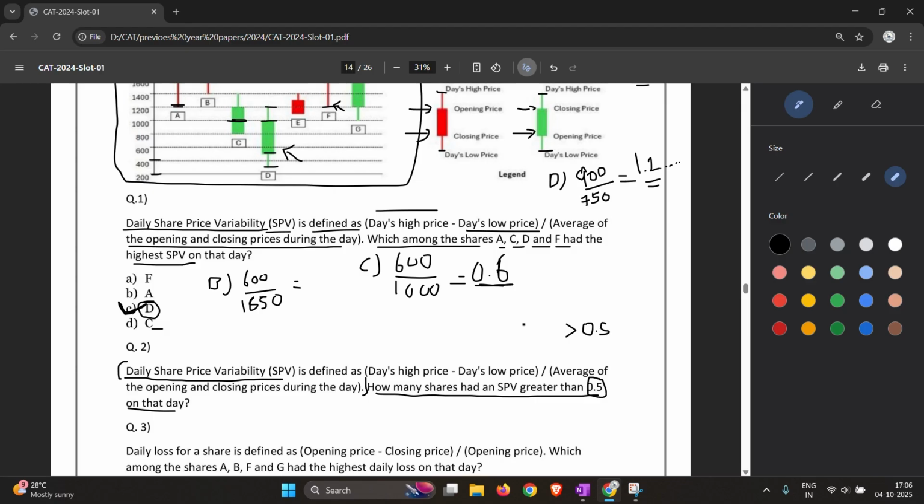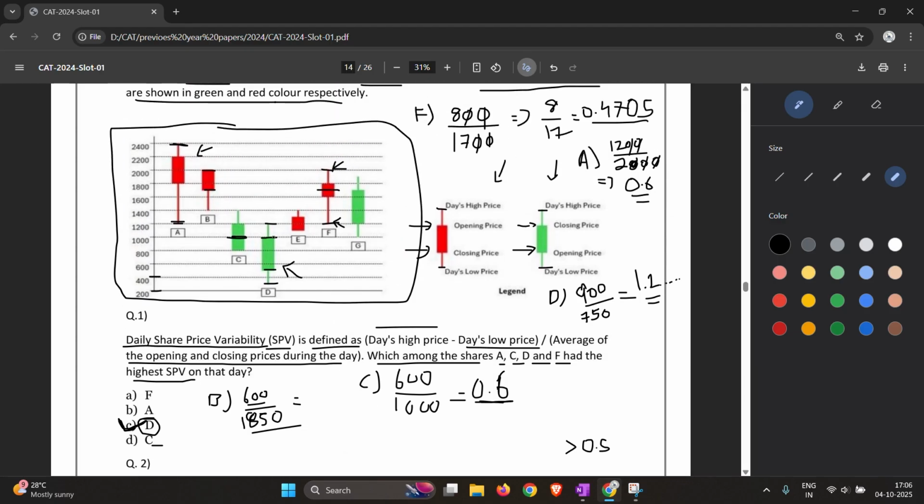So to save time, since we do not need the exact SPV, we can already see that this is not greater than 0.5. Why? Because 600 is less than half of 1850, right? Because half would be 925. So we know that this is less than 0.5 and we can just discard B overall.